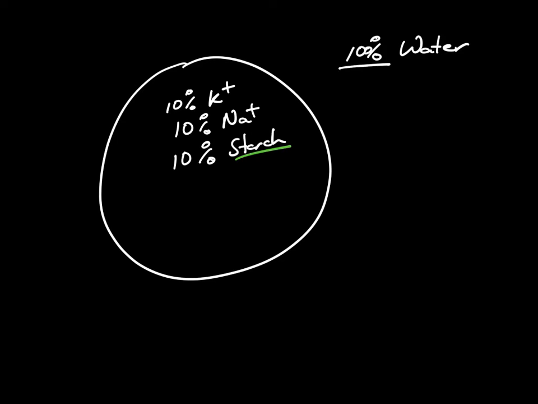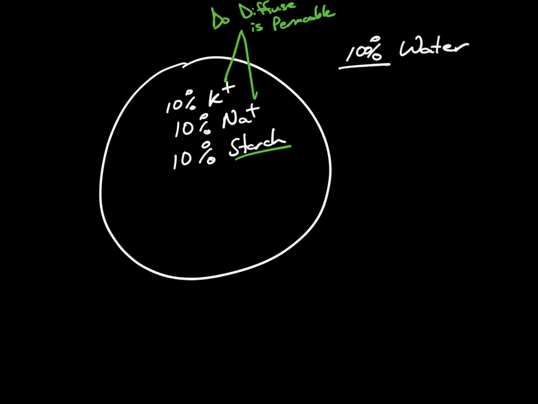Once they tell you it's 100% water and you have any solute on the inside, even though these two move, right? Both potassium and sodium, according to the problem, do diffuse. The membrane is permeable to these 2 ions.